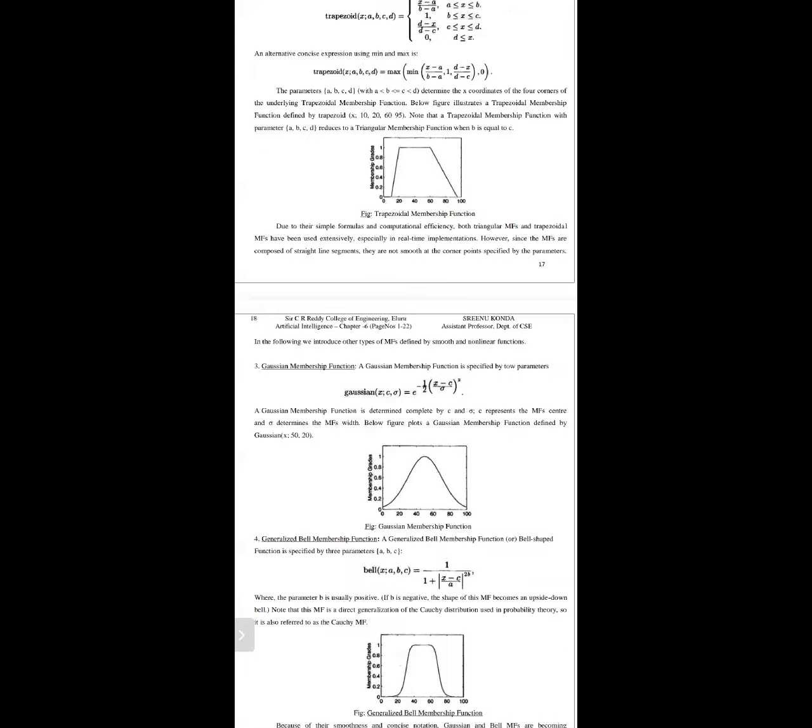Okay, width is defined by sigma, and center is defined by C. Next, the following figure plots a Gaussian membership function defined by Gaussian of x, where C equals 50 and sigma equals 20. So we're going to draw the graph like this.